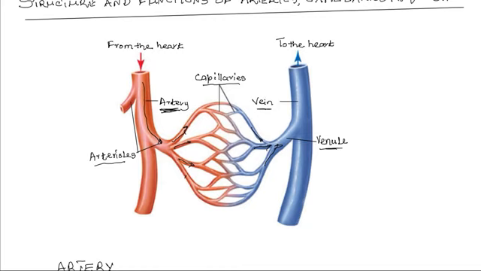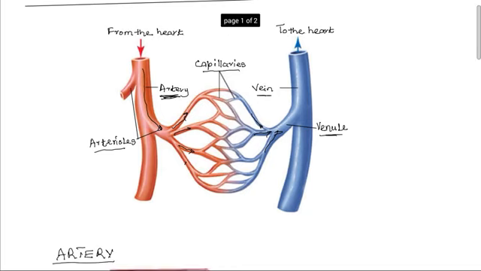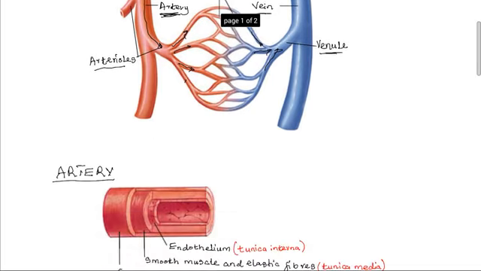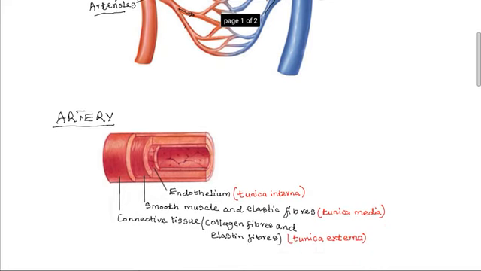Now, we first start by looking at the structure and function of an artery. The internal structure of an artery reveals that the wall is made up of 3 layers.